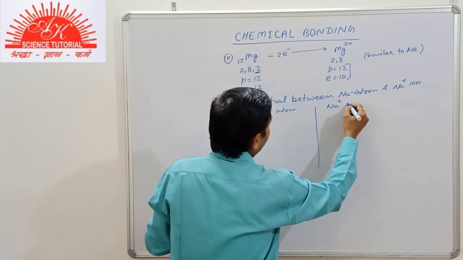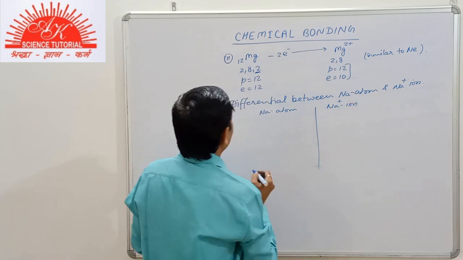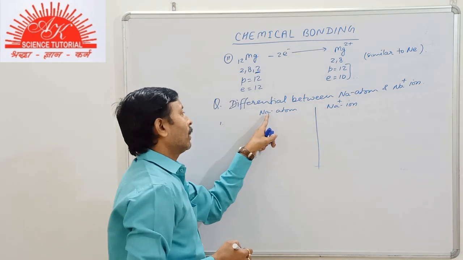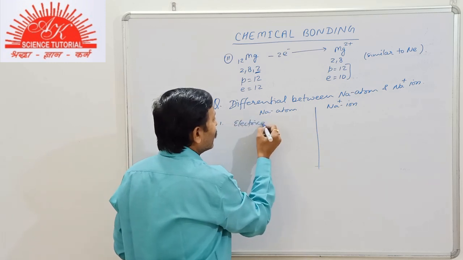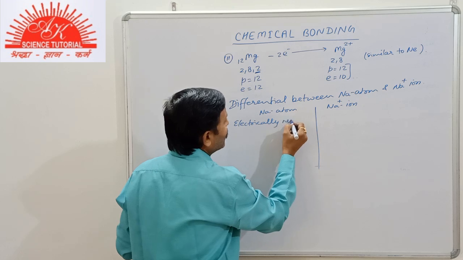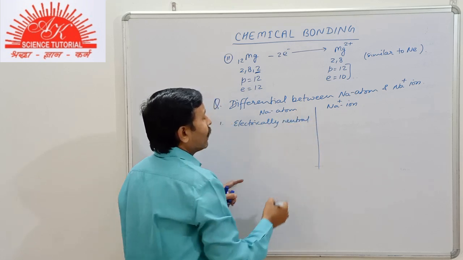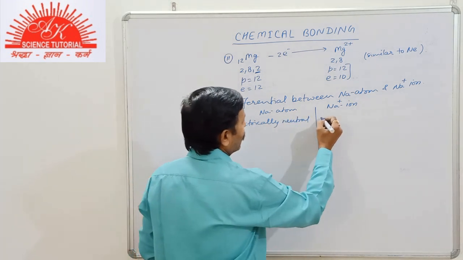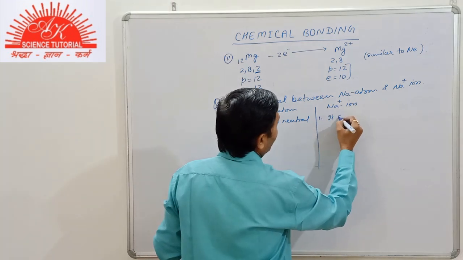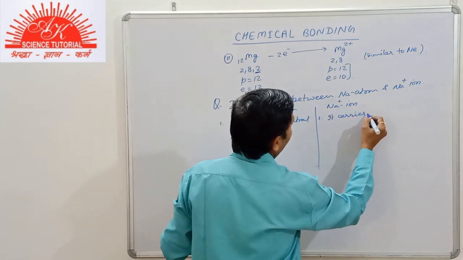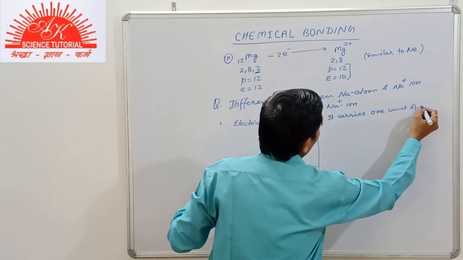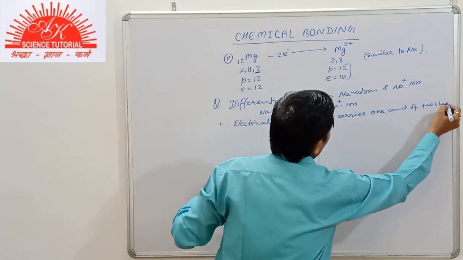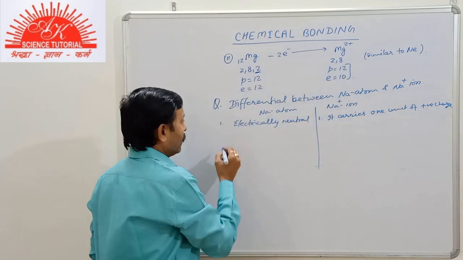It is very easy. Now you see how we will write. The atom is electrically neutral, meaning the first difference can be written on the basis of their charge. The ion carries 1 unit of positive charge, meaning it is a charged particle.